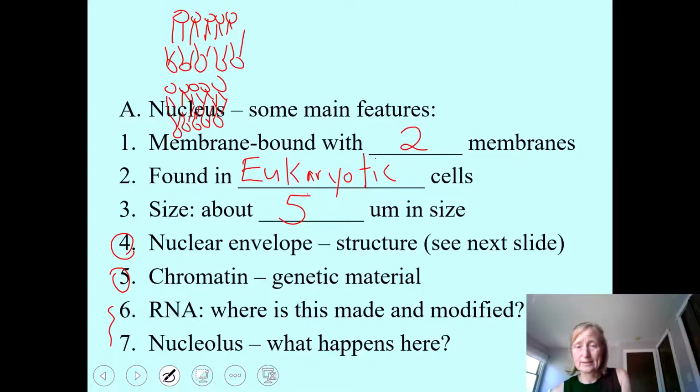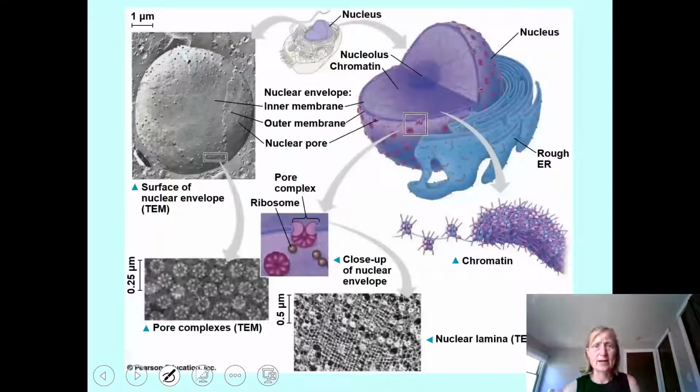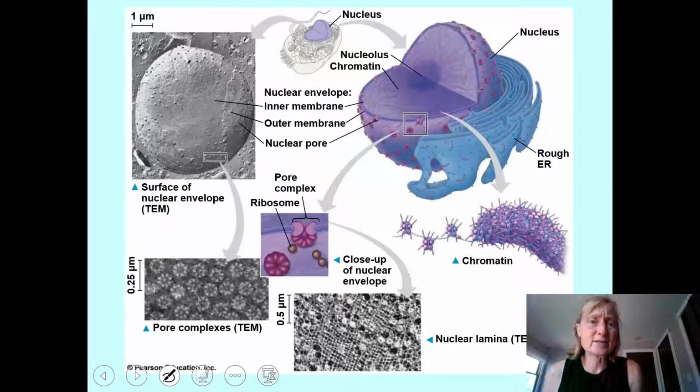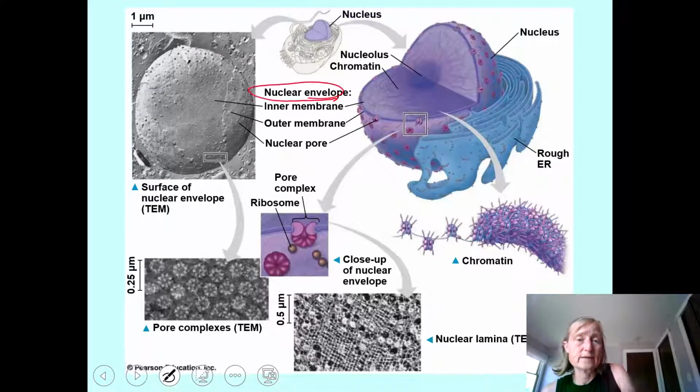Let's take a look on the next slide, because the next slide has some nice pictures. These are found in your text. So the nuclear envelope is made up of an inner membrane, one membrane of a phospholipid bilayer, and an outer membrane of a phospholipid bilayer.